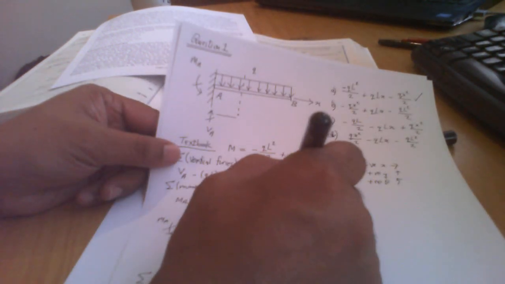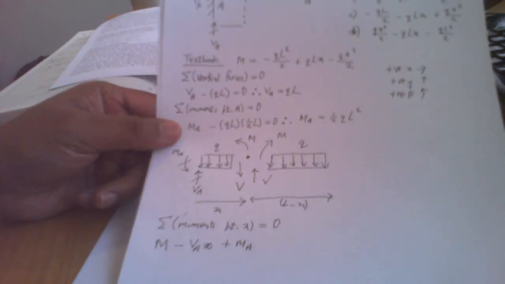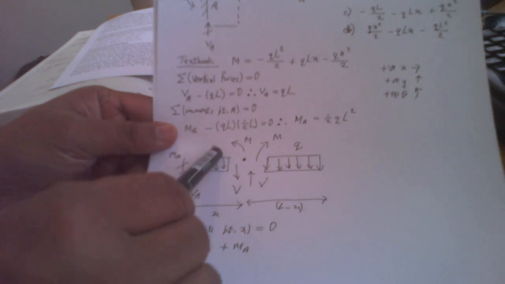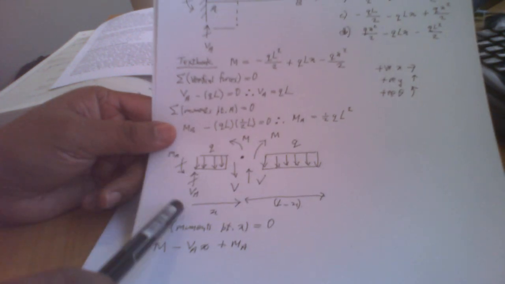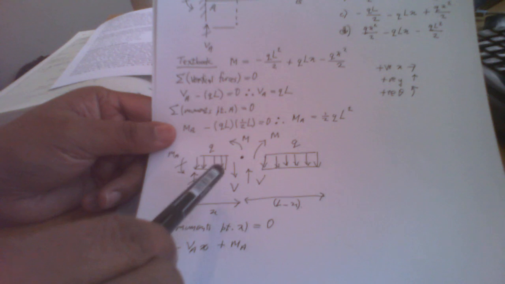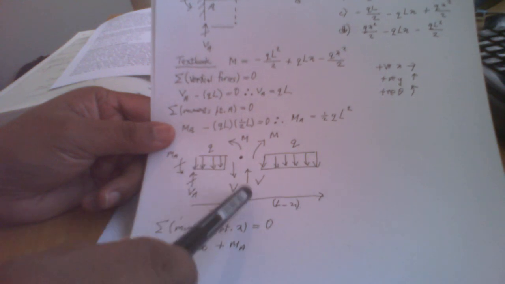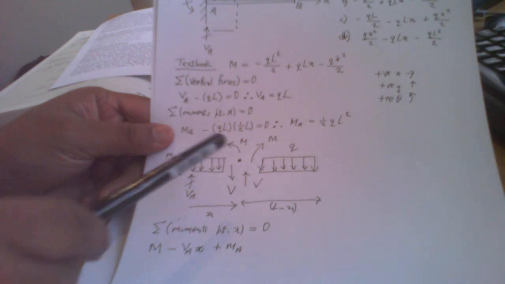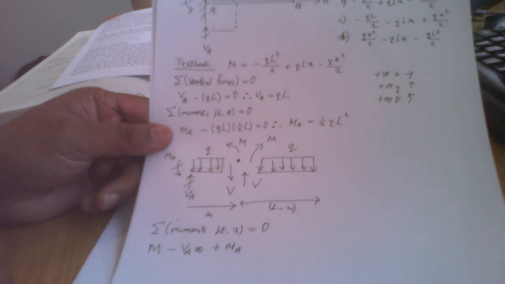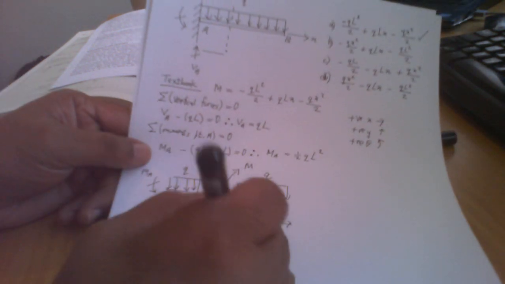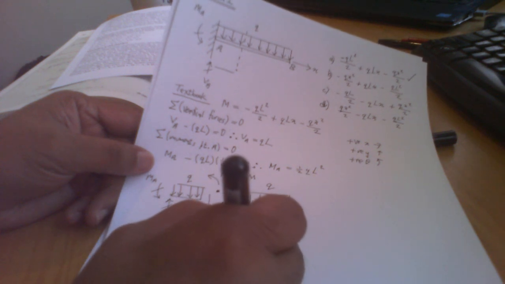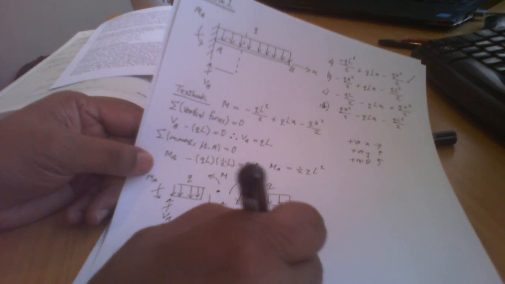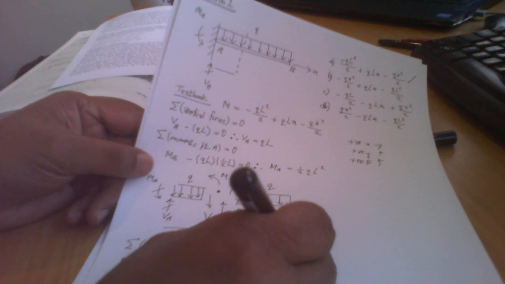And then the UDL on the beam would be concentrated in the middle portion for the length x, and it will be at a distance of half x, and it will be in an anti-clockwise direction, which is the same as the direction of the positive M. So we then add the force times the distance.